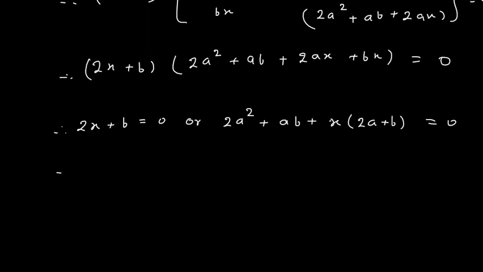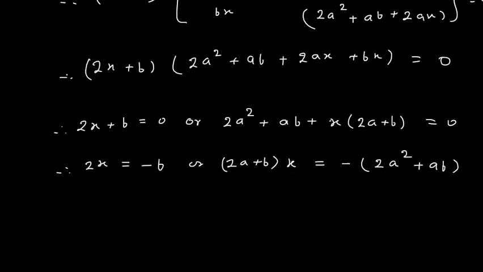So therefore we can say that 2x is minus b, or we can say that (2a plus b) into x is equal to, this whole term will go on right hand side and here we take minus, and in bracket we will write 2a square plus ab.